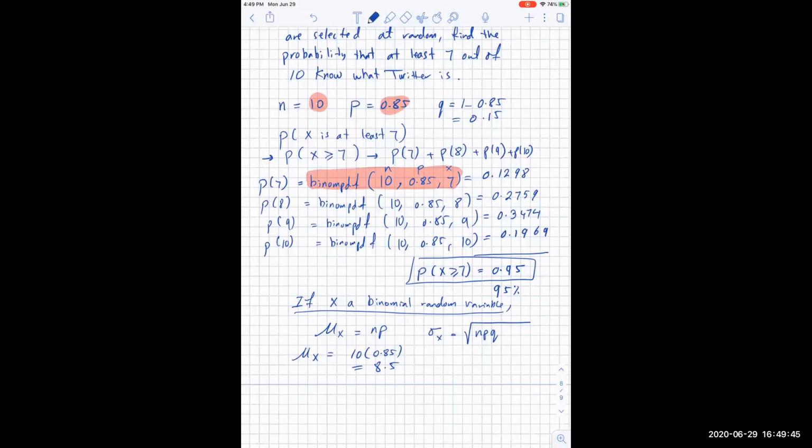What about the standard deviation of this variable? Square root of 10 times 0.85 times 0.15, and that will give me approximately 1.1 standard deviation.